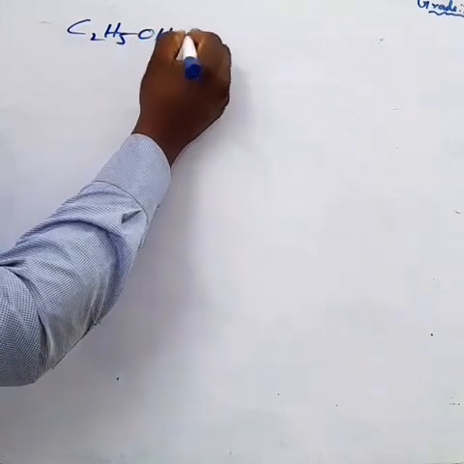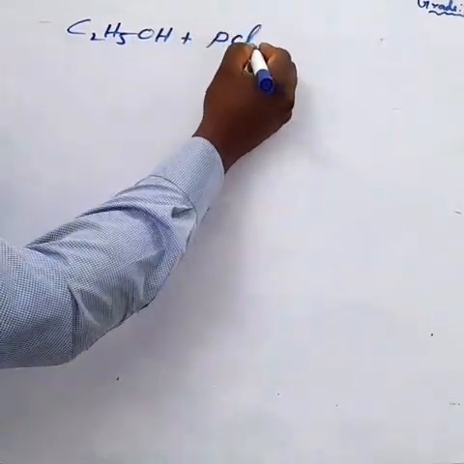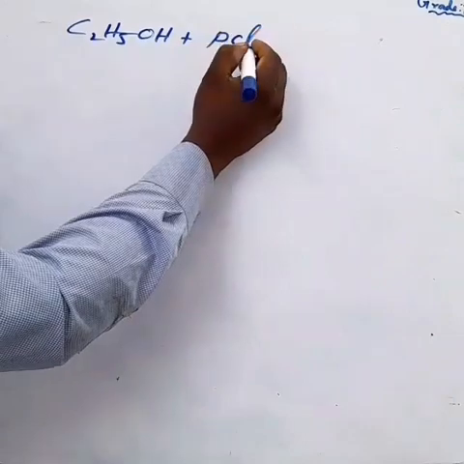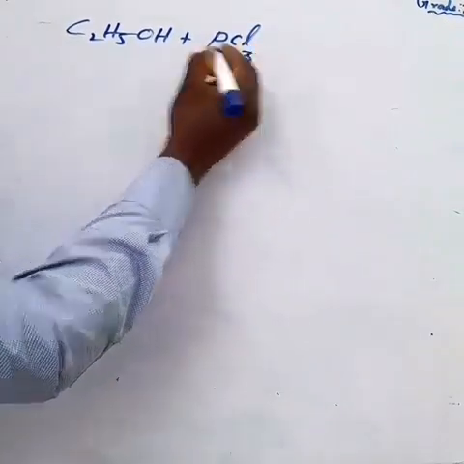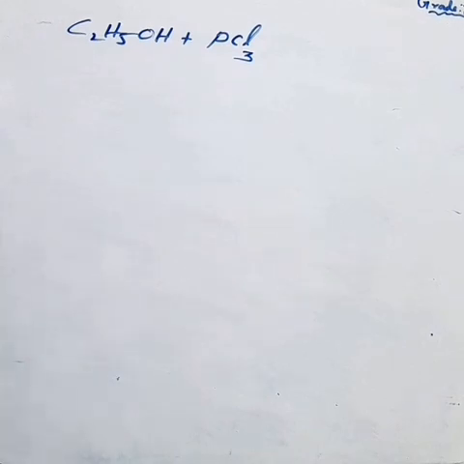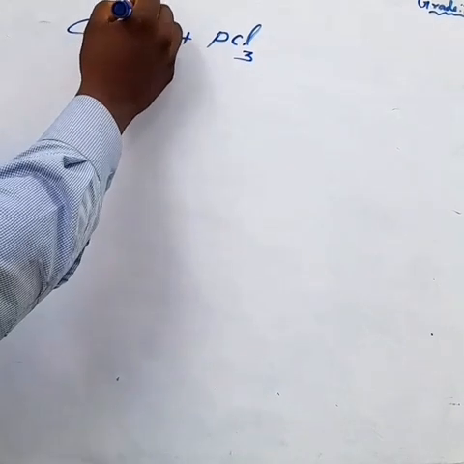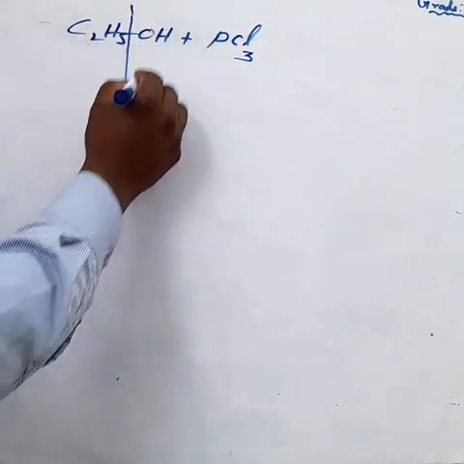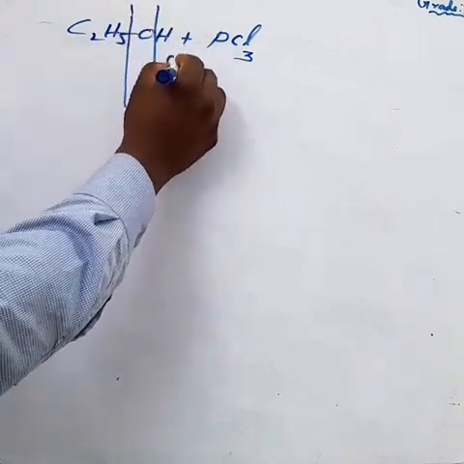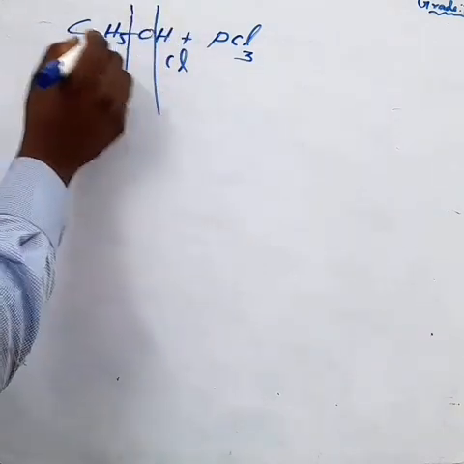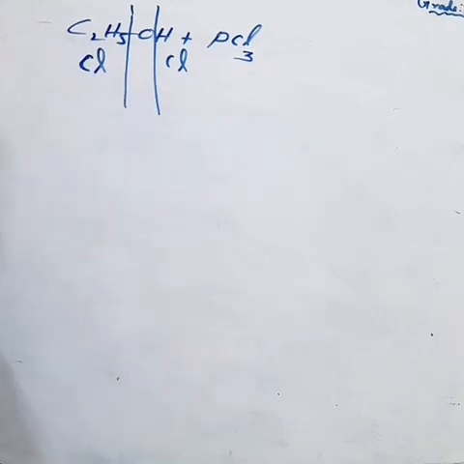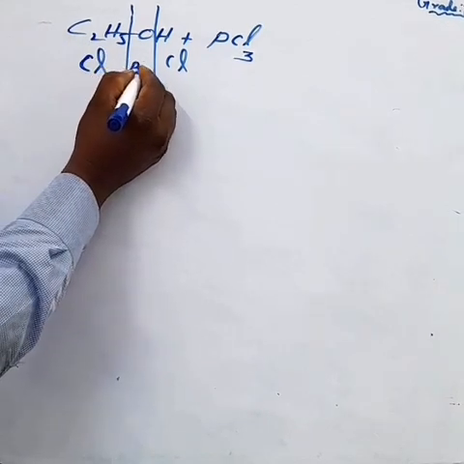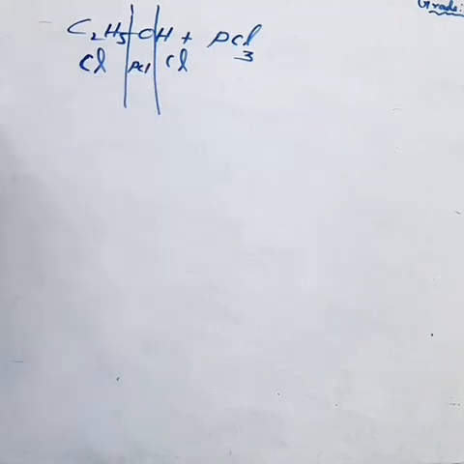PCl5. Sorry, we are not taking PCl5, we are taking PCl3. Ethyl alcohol reacts with PCl3. What is happening here is that the hydrogen of the OH in ethyl alcohol combines with the Cl to form hydrochloric acid.